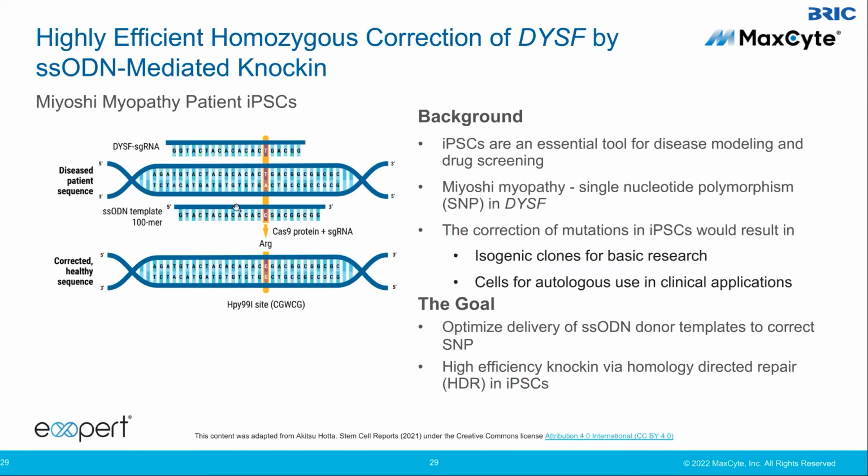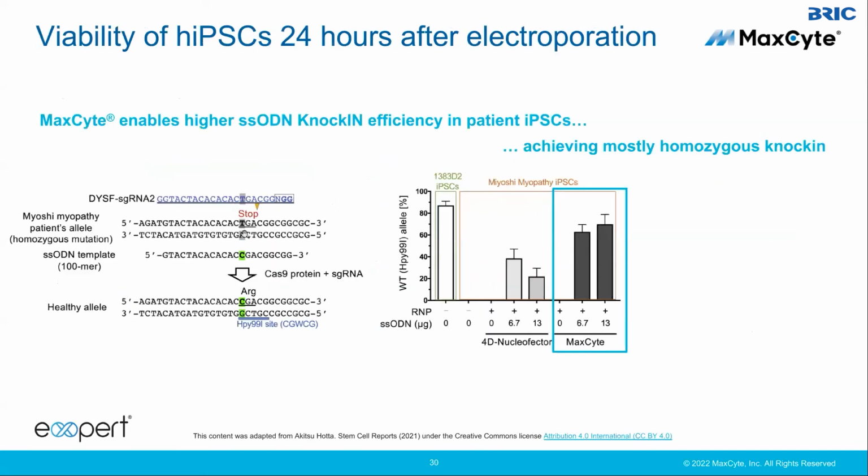So again, this is just converting the stop codon to arginine. What you can see here on the right figure is that with MaxCyte electroporation, with two different concentrations of SSODN, you're actually seeing a knock-in efficiency over 70%.